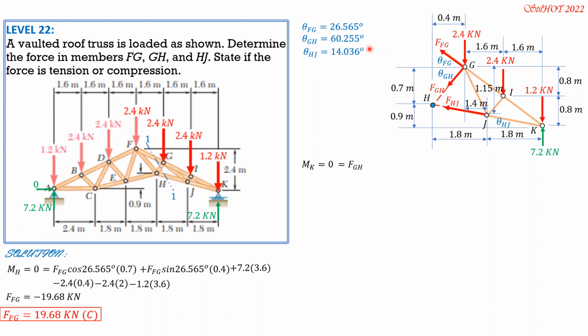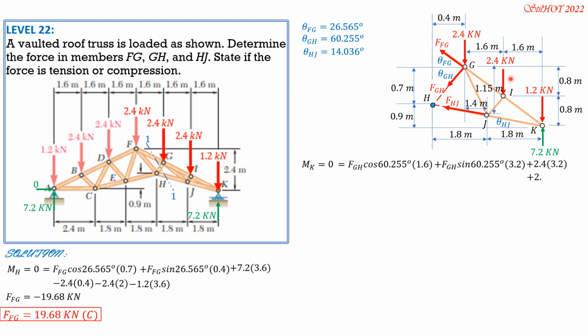cosine of theta GH. FGH cosine of 60.255 degrees. The moment arm is 1.6, 0.8 plus 0.8 for the horizontal component of FGH. For the vertical component, it is also counterclockwise. So plus FGH sine of 60.255 degrees. The moment arm is 3.2, 1.6 plus 1.6. Then plus this 2.4 here times 3.2 also.